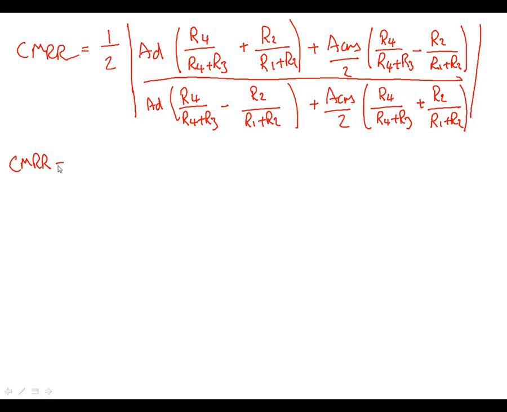Common mode rejection ratio is a half into differential mode gain, R1 R4 plus R2 R4 plus R2 R4 plus R2 R1 R3.